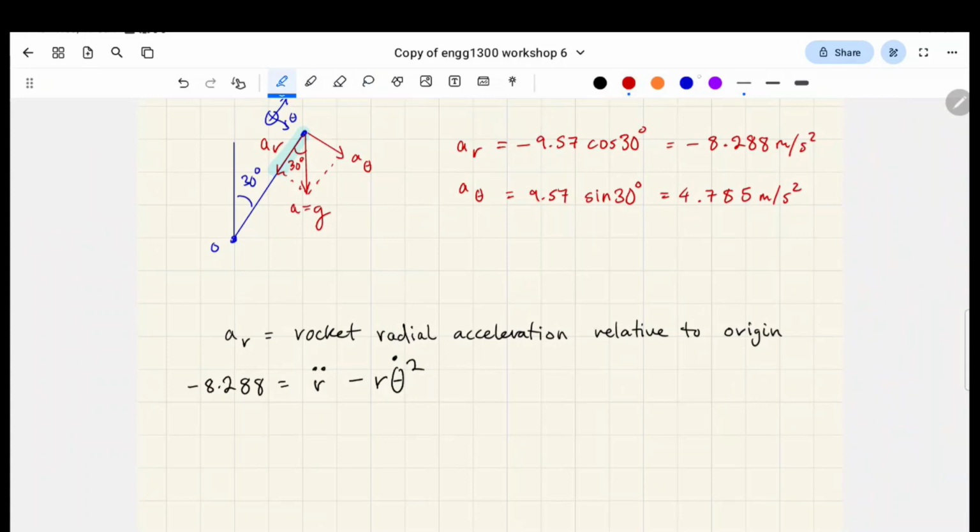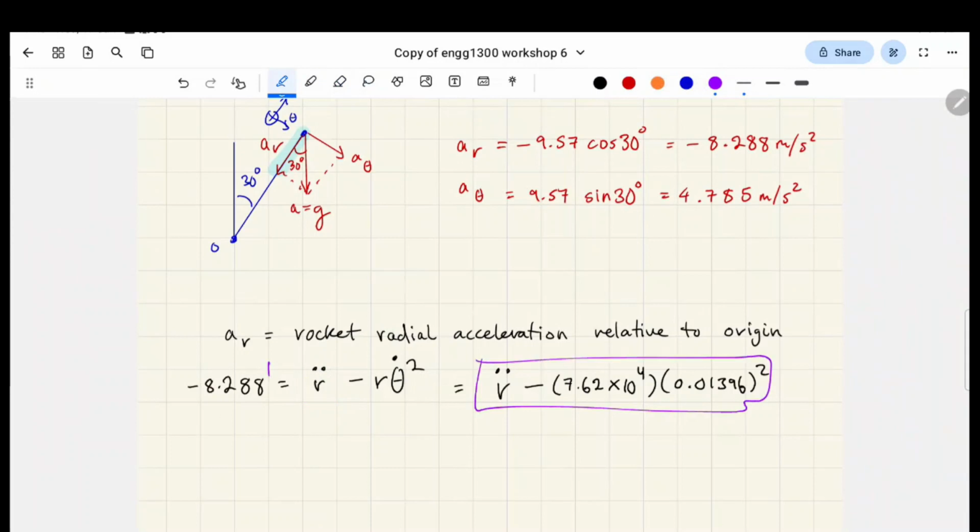The unknown that we're going to be solving for is r double dot, because we know these numbers, we just have to plug them in. Solving for r double dot, we get 6.562 meters per second squared.